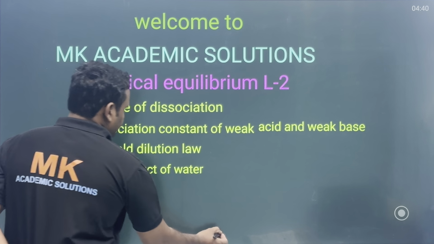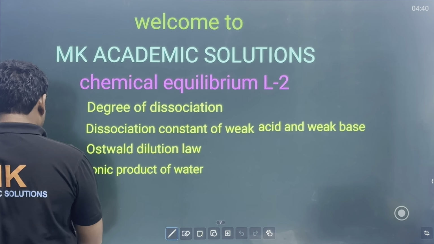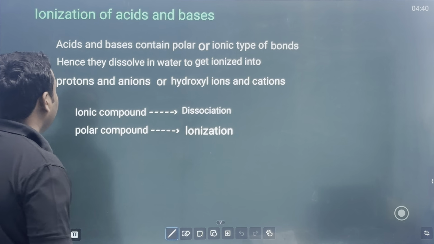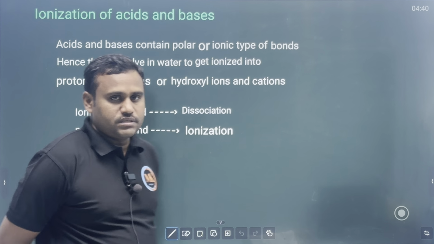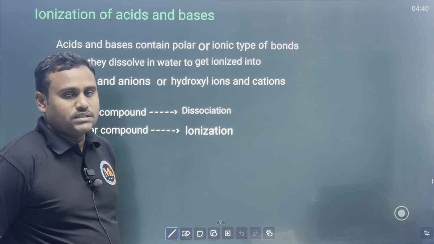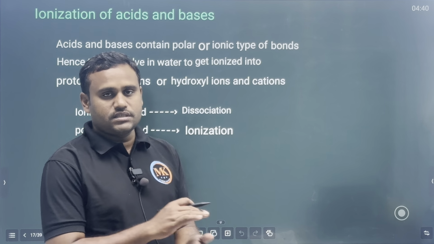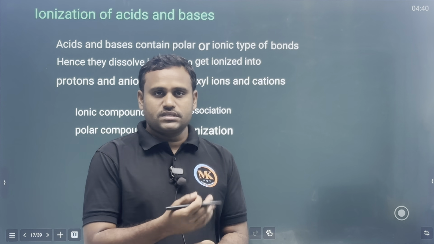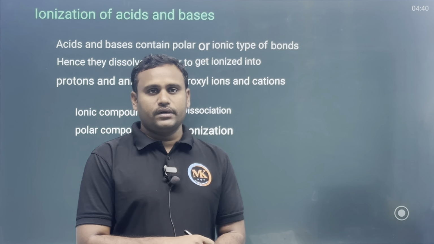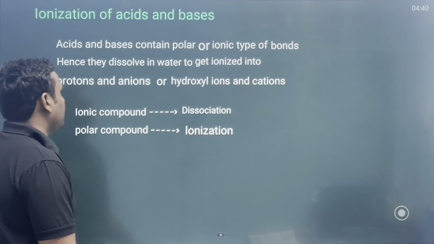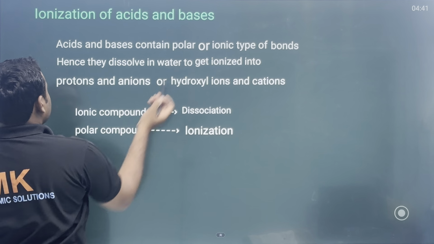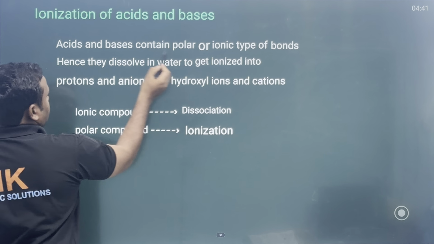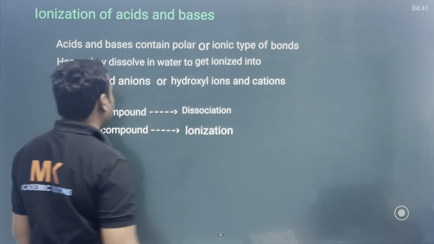First, we will go through ionization of acids and bases. We know acids contain H plus ions and bases contain OH minus ions according to Arrhenius theory. So here we are going to consider Arrhenius theory. Acids and bases contain polar or ionic type of bonds.